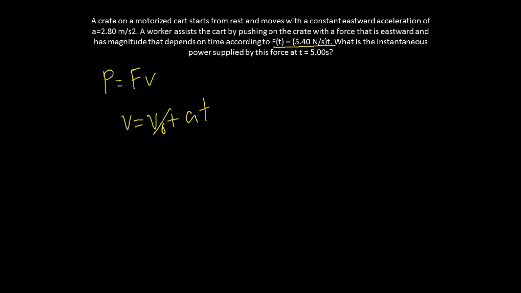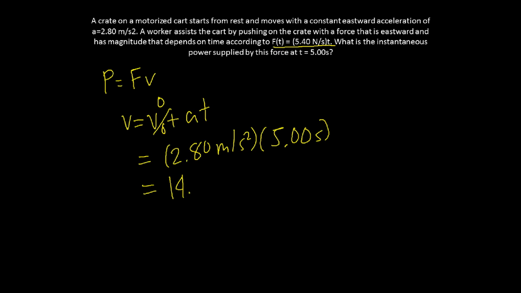This term cancels because it is 0. We have the acceleration, 2.80 meters per second squared, times 5 seconds. Now our v will be equal to 14.0 meters per second.